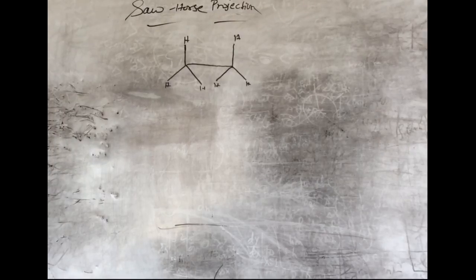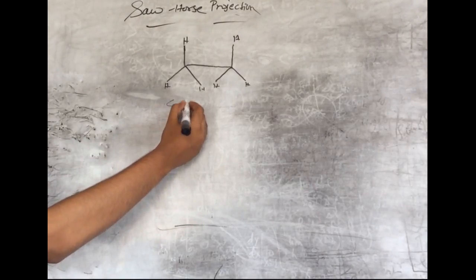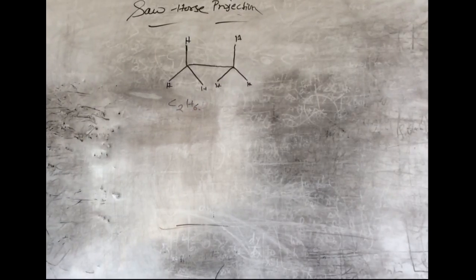for Sawhorse projection, this is for C2H6, and if we draw for multi-carbon species, then again we have to follow the previous steps as we followed in Newman projection.